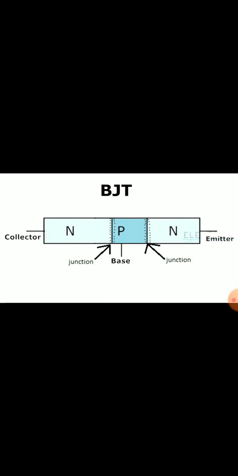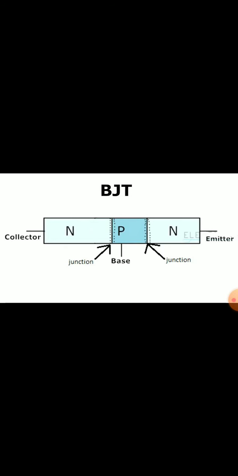The first one is the collector, the other is the emitter, and the center one is the base. The edge of the base is said to be a junction. First is the collector, center is the base, and third is the emitter.